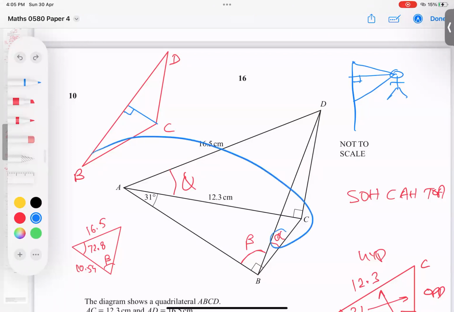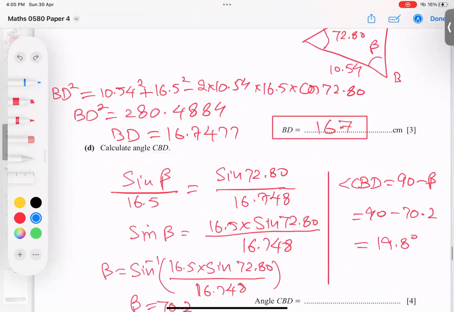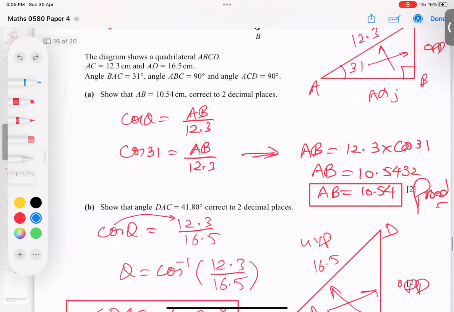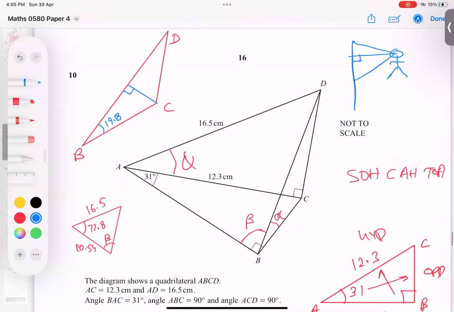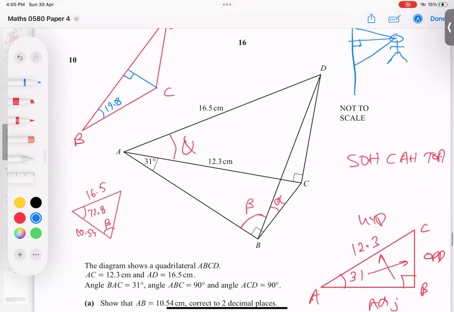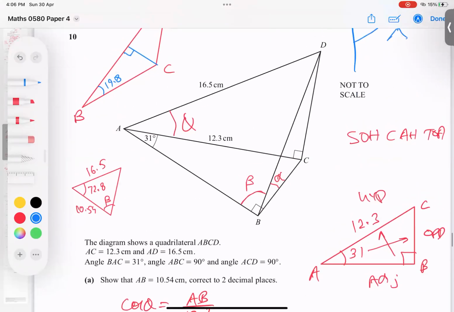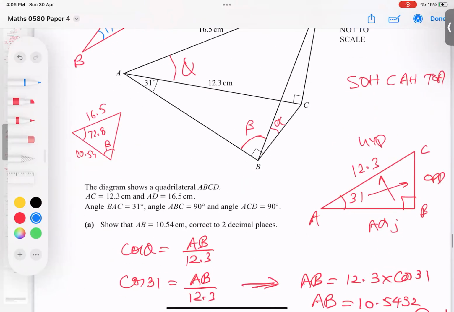So the alpha angle we have already. This alpha angle, where did we get it? 19.8. You can see 19.8. I just got it now. So this is 19.8. Wait a minute, do I have DC or not?